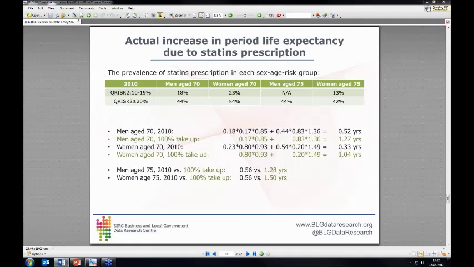For men aged 75, the national life expectancy increased by 0.6 years with the 2010 prescription rate, and would have been increased by 1.3 years if there was a 100% prescription rate. Similarly, for women aged 75, the national life expectancy increased by 0.6 years with the 2010 prescription rate, and would have been increased by 1.5 years if there was a 100% prescription rate.